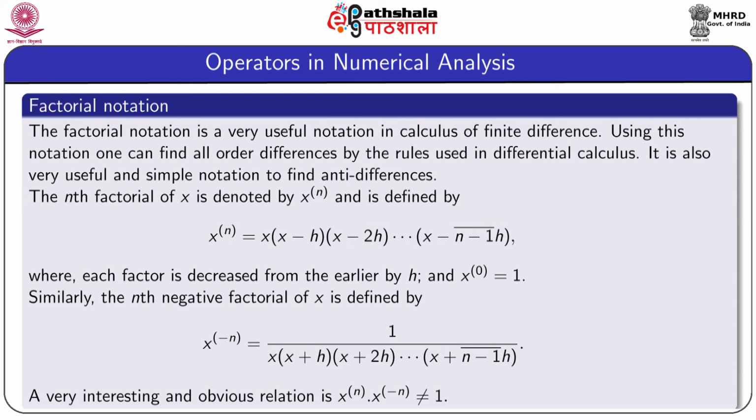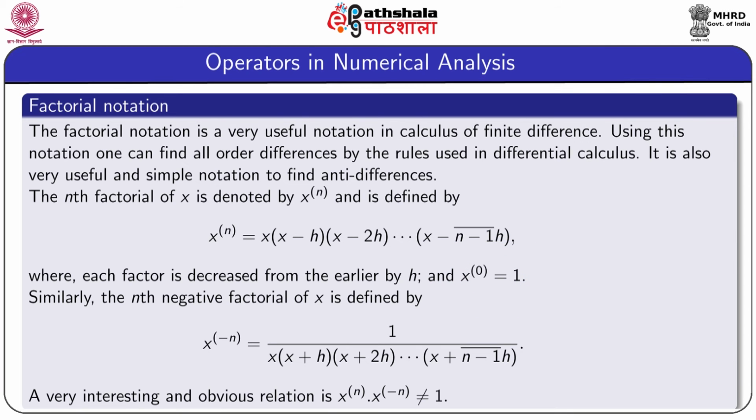That means the right hand side contains n factors, that is why the power is denoted by n. Here we have used parentheses to represent the factorial power notation, but some authors use square brackets instead of parentheses. In particular, when n equals 0, x factorial 0 is equal to 1.